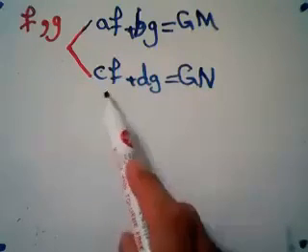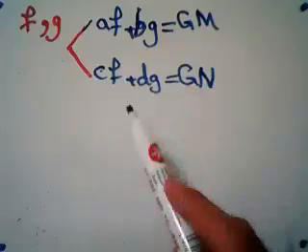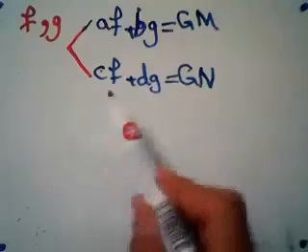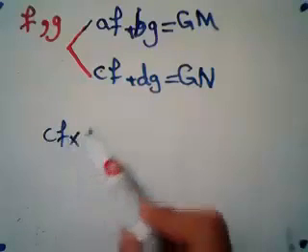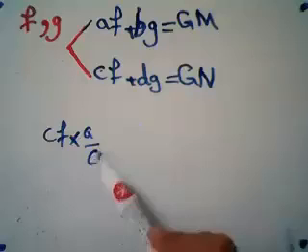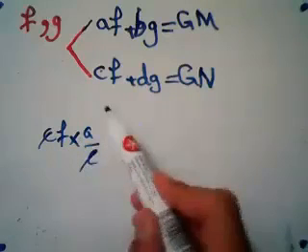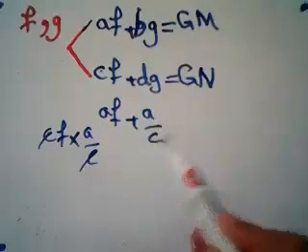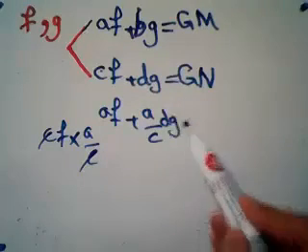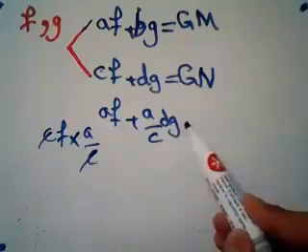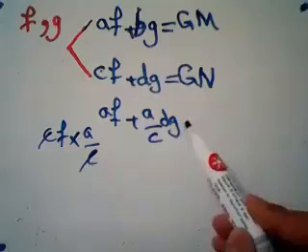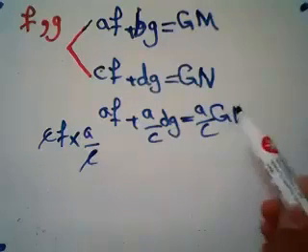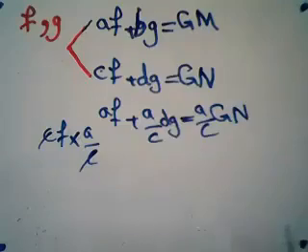Because, for instance, multiply both sides of this by a over c. So the first term of this times a over c becomes af plus a over c dg equals a over c Gn.